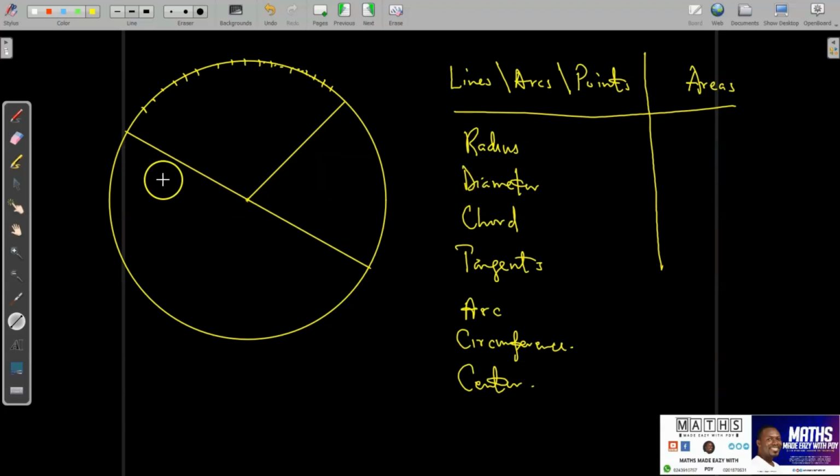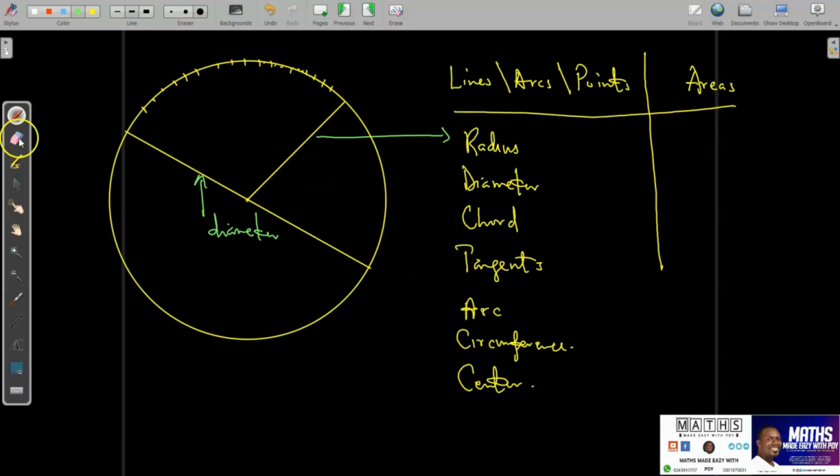It is a line segment that connects 2 points on the circumference of the circle passing through the center. So we have our diameter here. And then this goes for the radius. The radius is simply a line segment that joins the center and any point on the circumference of the circle.